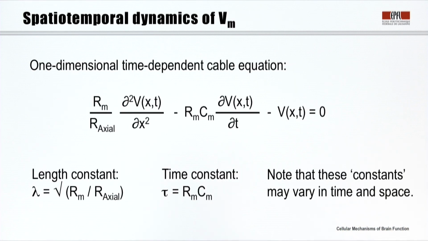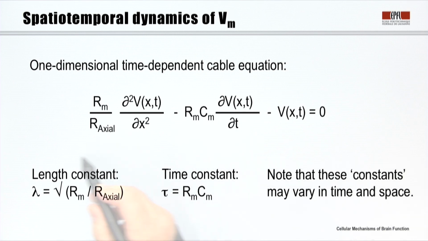The steady-state cable equation can be rewritten to include the time-dependent charging of the membrane capacitance. As we saw last week, there's a time constant involved with charging the membrane that's equal to the product of the membrane resistance and the membrane capacitance, and that can then be included in this larger partial differential equation that describes the one-dimensional time-dependent spread of voltage across space.